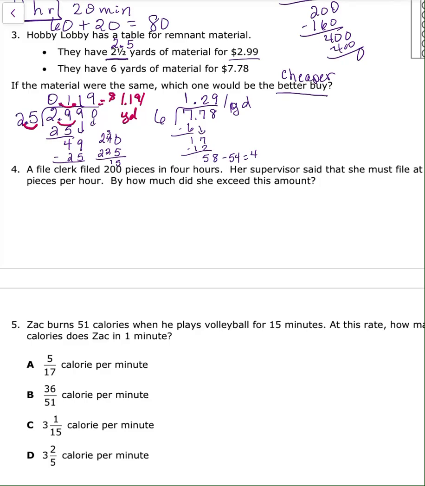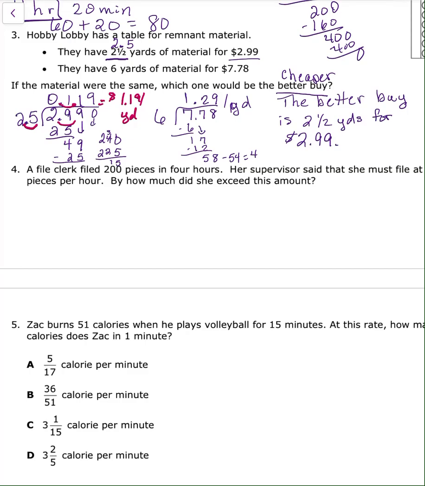So which one would be cheaper per yard? So the 2.5 yards, so the better buy is 2.5 yards for $2.99 because it's only $1.19 per yard. Okay, so unit rates, just dividing.